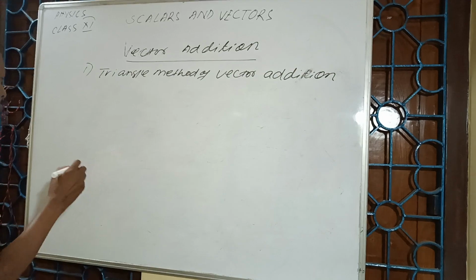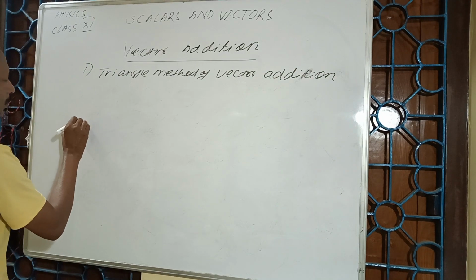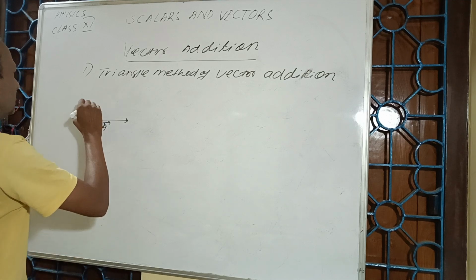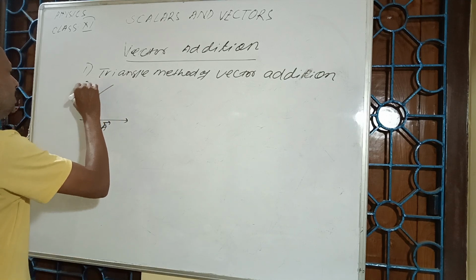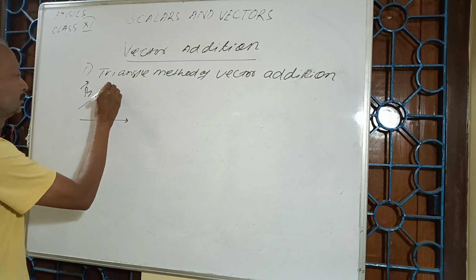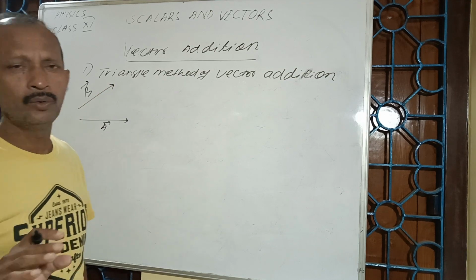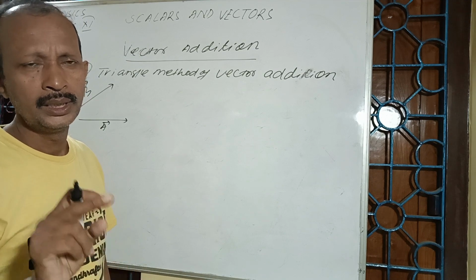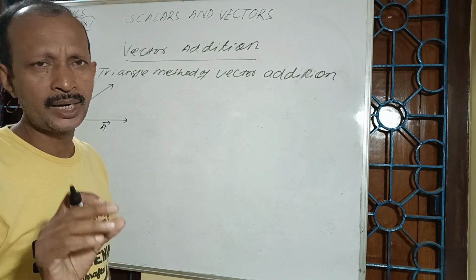Suppose A is a vector, B is another vector. I want to add them by using the triangle law of vector addition.